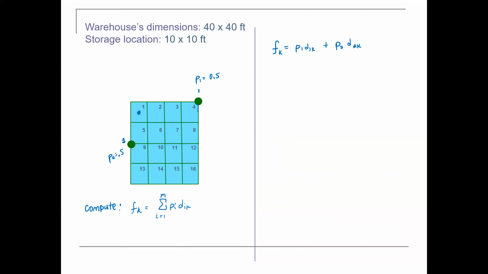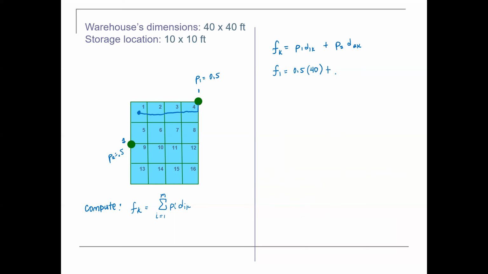If I go in this direction, this is going to be 5, then 15, then 25, then 35, and then 40 to get to this point. Okay, so for F1, for that first location, probability is 0.5, and the first distance is equal to 40.